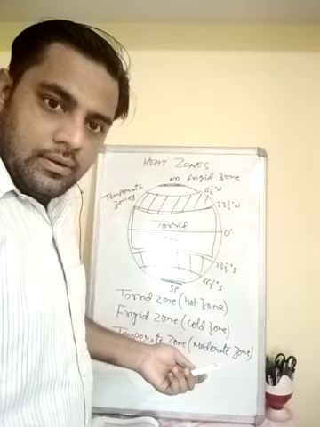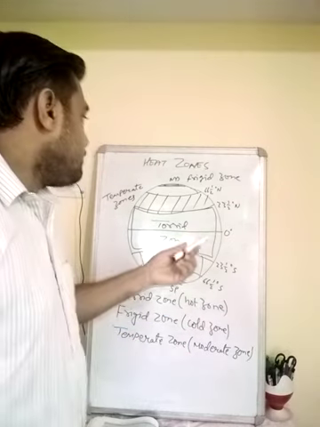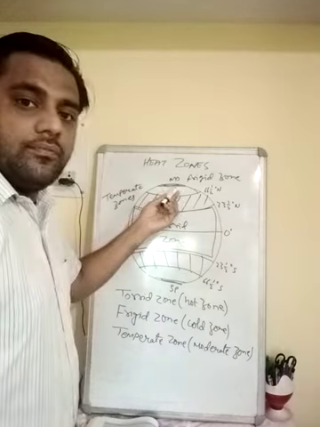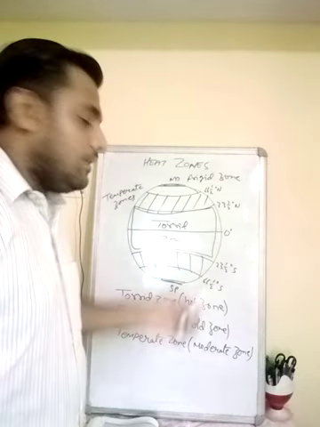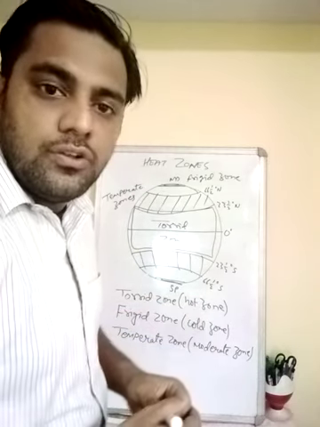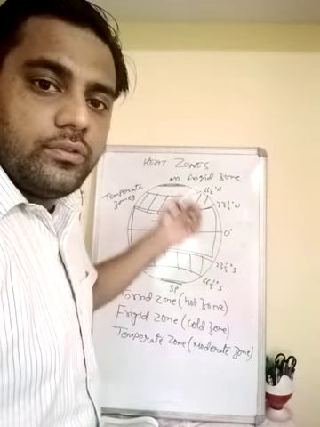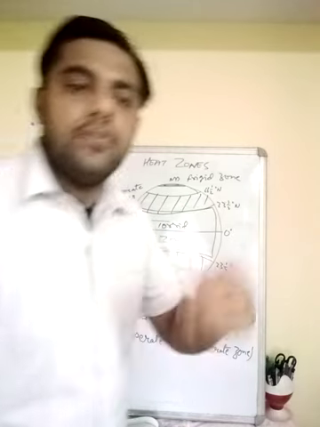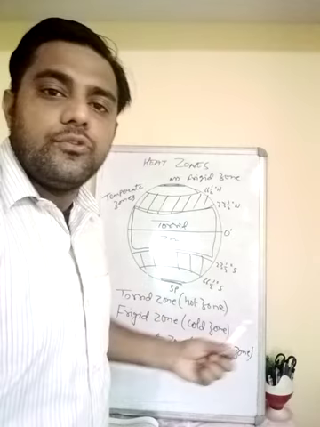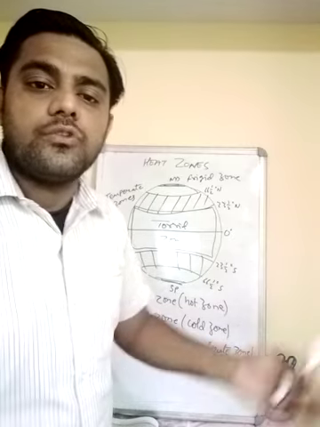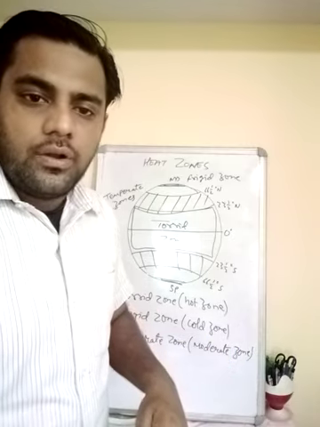And in the end you have North Pole and South Pole, that's your frigid zone. Remember, torrid zone is the hot zone, frigid zone is the cold zone, and temperate zone means temperature is moderate, neither too hot nor too cold.